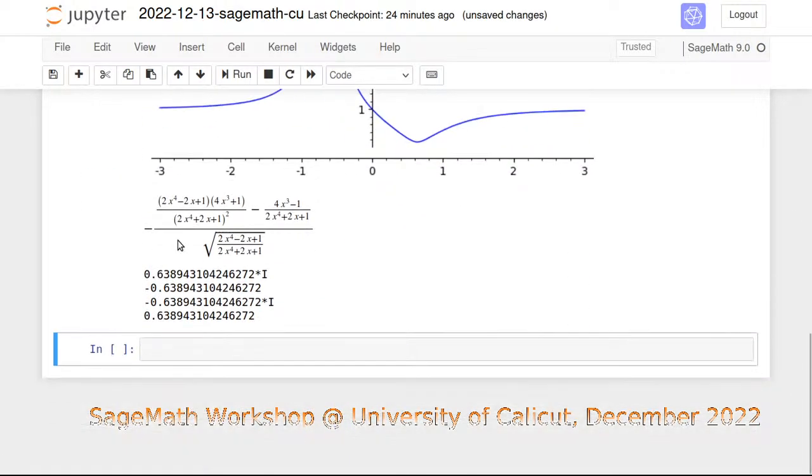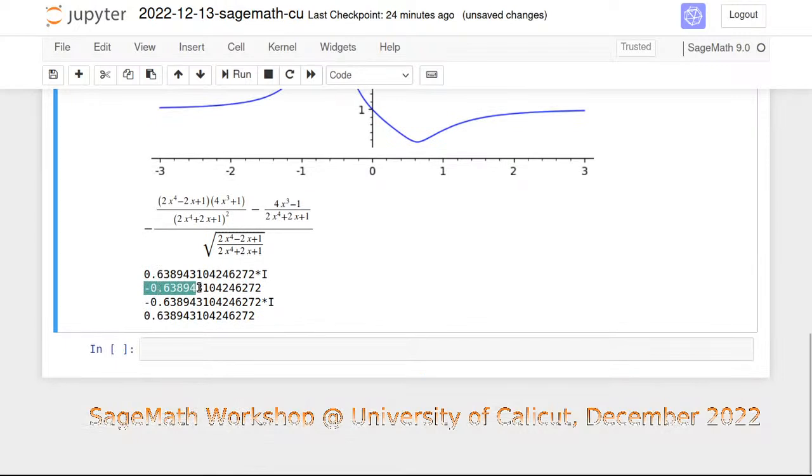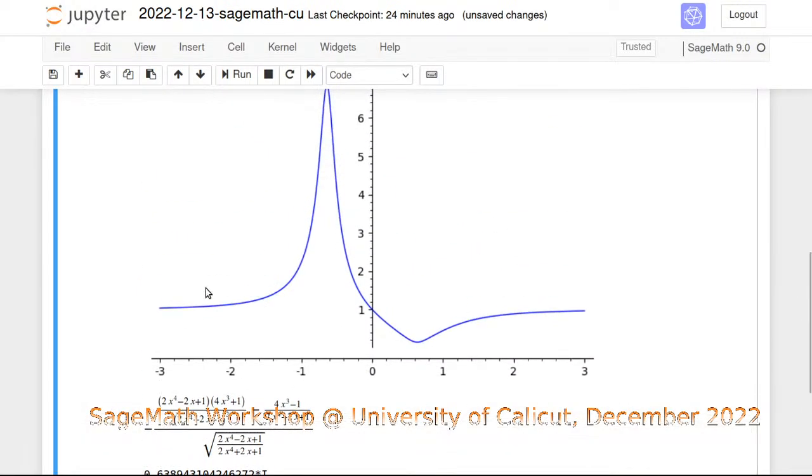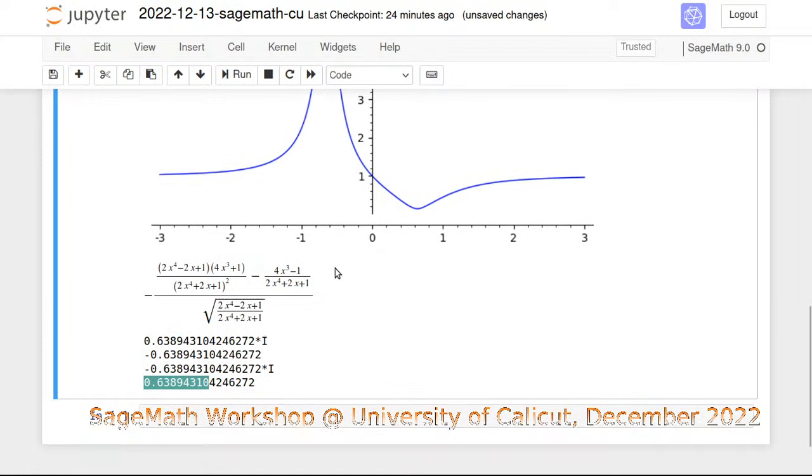So what are the right sides? First is minus 0.63, second is plus 0.63. These two are the points where the derivative becomes 0. So that actually matches with our previous guess. It is between minus 1 and minus 0.5 and between 0 and 1. So the 2 points where the tangent becomes horizontal are these 2 points.